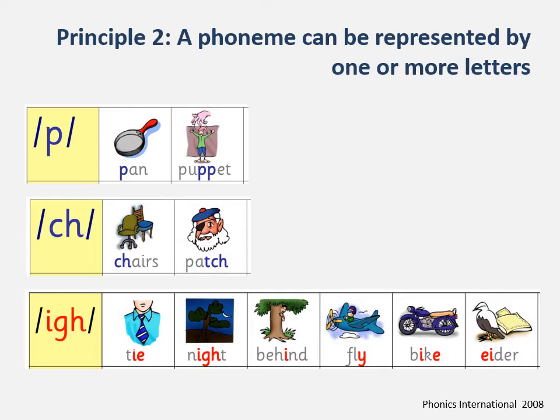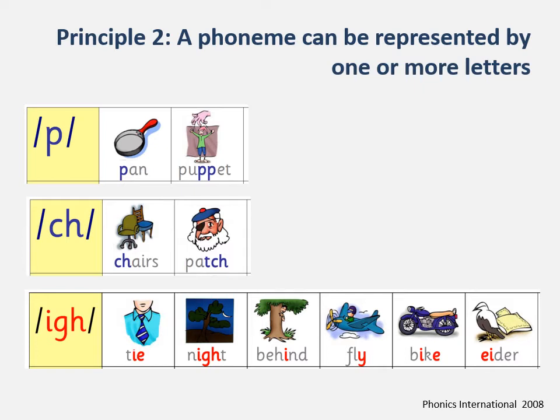For the sound P, we have P in pan. The letter P represents the sound P. But if you then see puppet, the first P is for the sound P, but the second use of the sound P in puppet is represented by two P's.